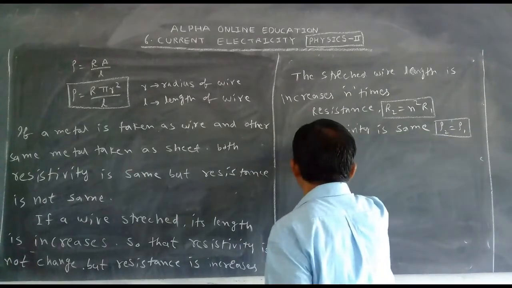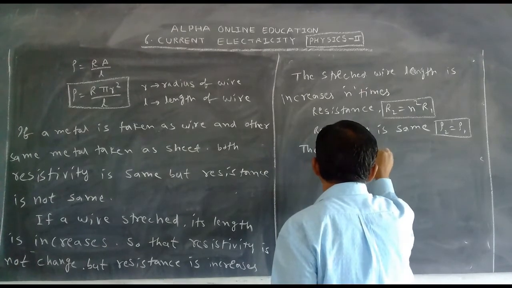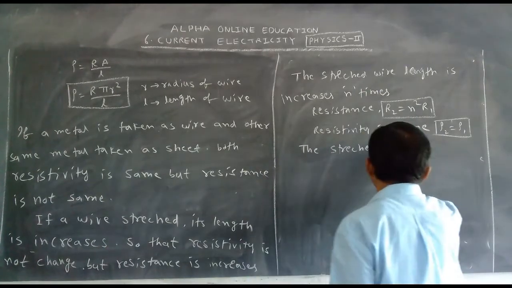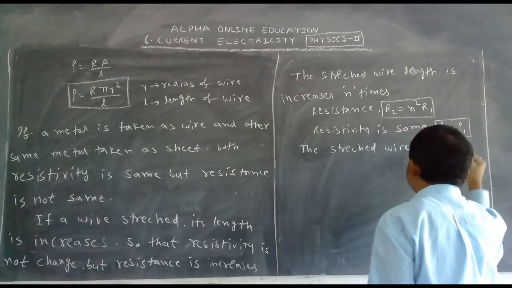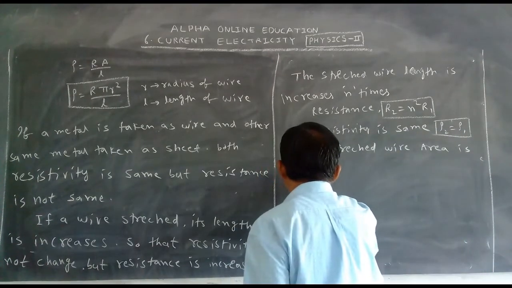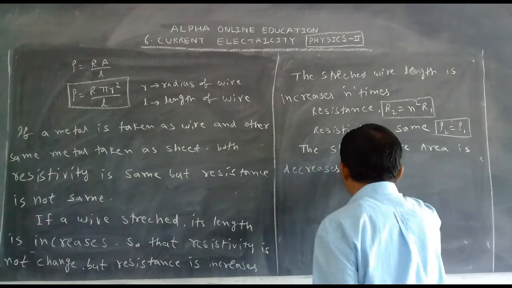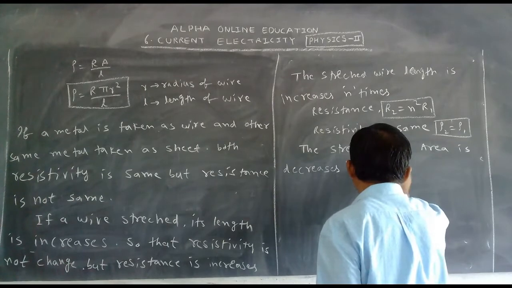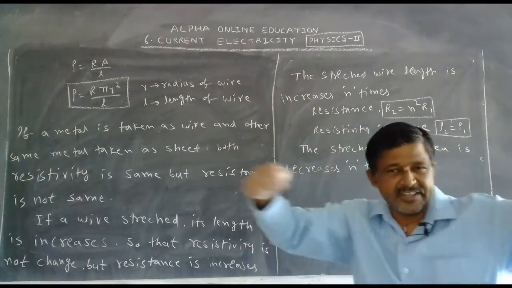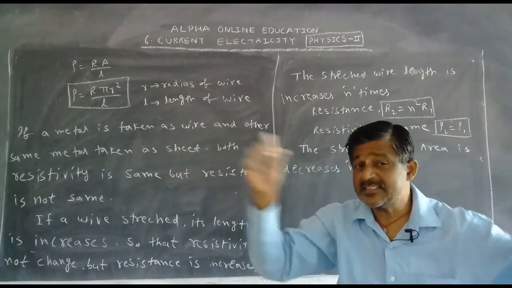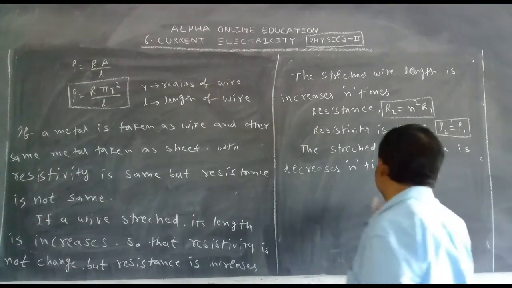Next, the stretched wire area decreases n times. What we can say? Area decreases when it is stretched. Length increases, but what about area? Area decreases.